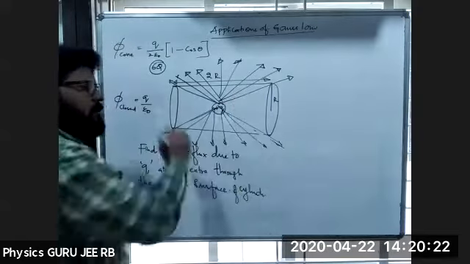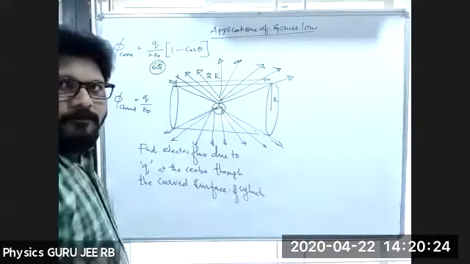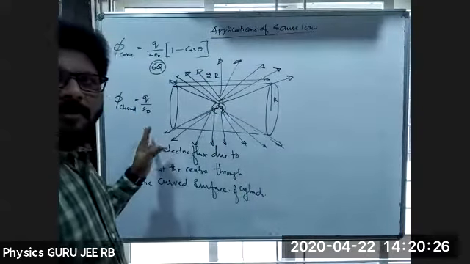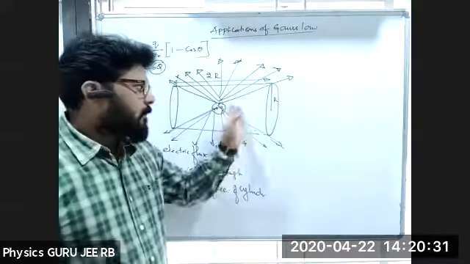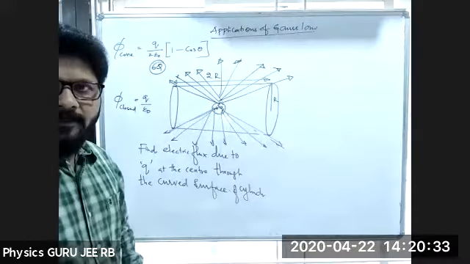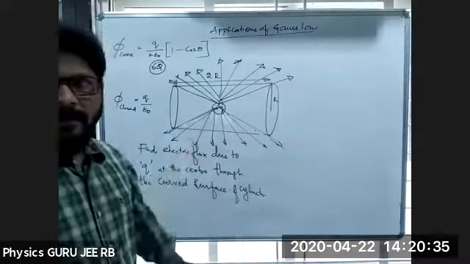I have to remove these parts. Total I know is Q by epsilon naught. I want only the curved surface. If I remove these cones, then we'll get the answer.